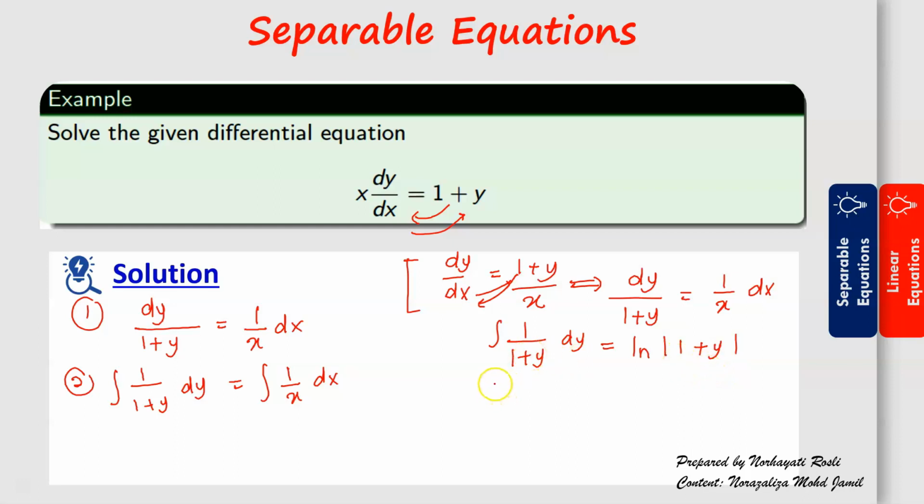And then class, when I want to integrate this side, which is the integration of 1 over x dx, you can get it directly from the mathematical formula book. You'll get ln of the absolute value of x plus c. So when I substitute all this and solve the integration, I have ln|1 plus y| equal to ln|x| plus c.